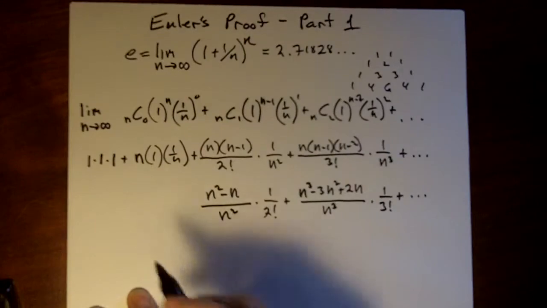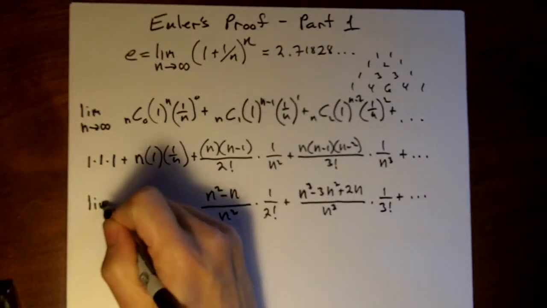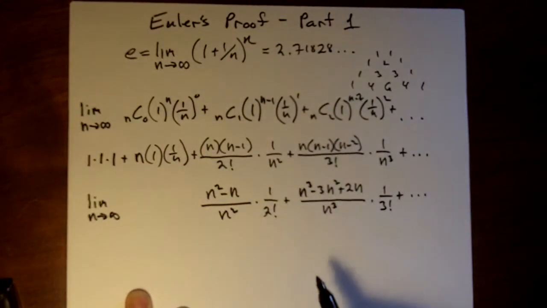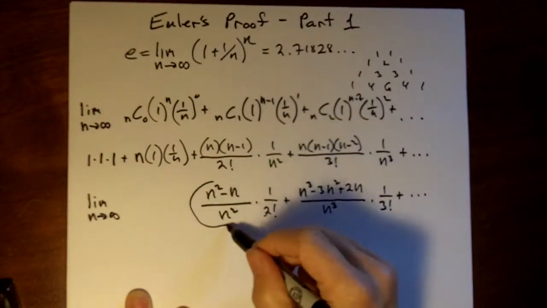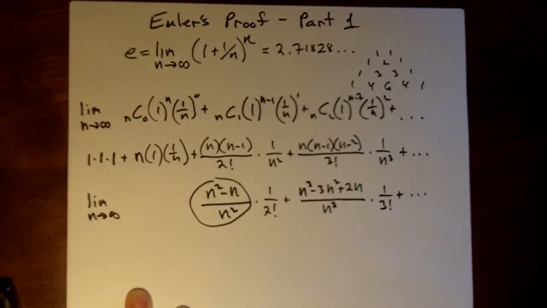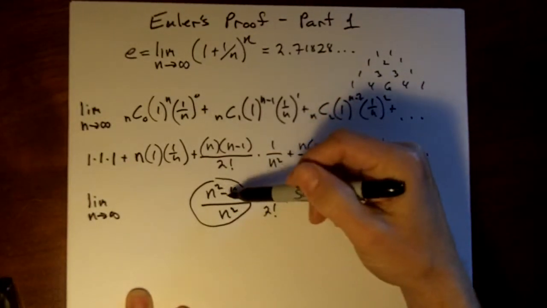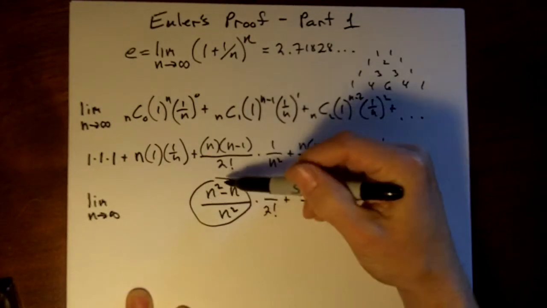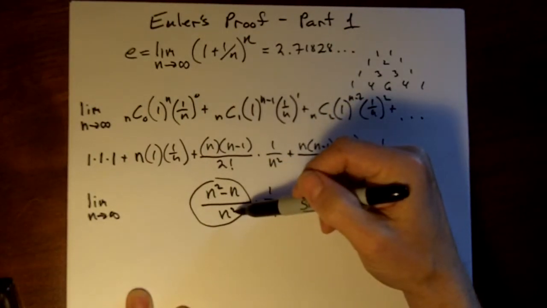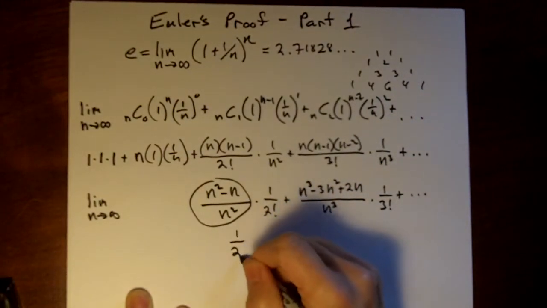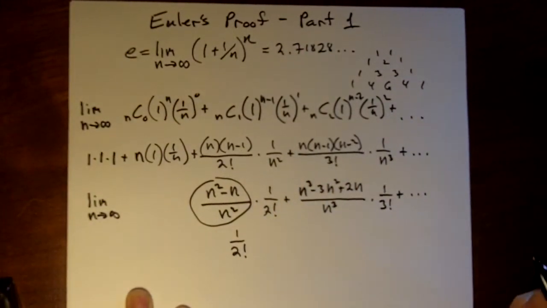Now remember, all of this is still inside of a limit as n is going to infinity. So what's happening to something like this as n goes to infinity? Well, remember, we just want to look at the largest terms. So that would be n squared over n squared, which is just equal to 1. So this thing is actually just approaching 1 over 2 factorial.